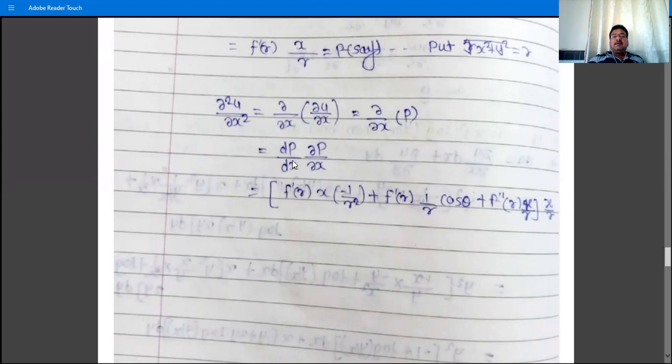So ∂p/∂r is what? f''(r) times x by r, plus the derivative of x by r. x is constant, the derivative of 1 by r is minus 1 by r square. So first write x by r, and then the derivative of f'(r) is f''(r).